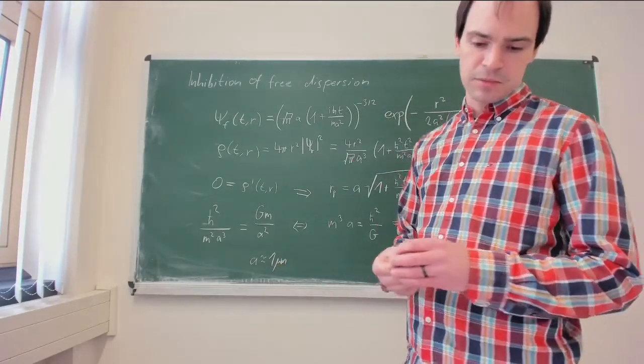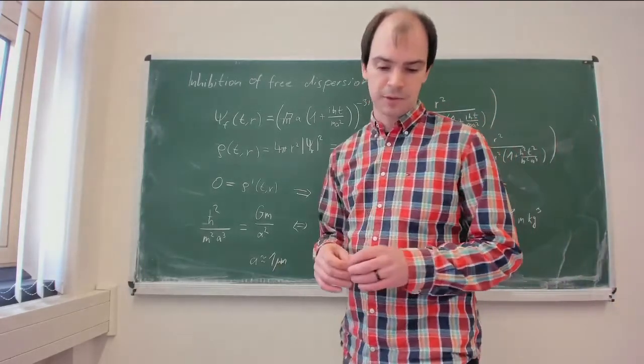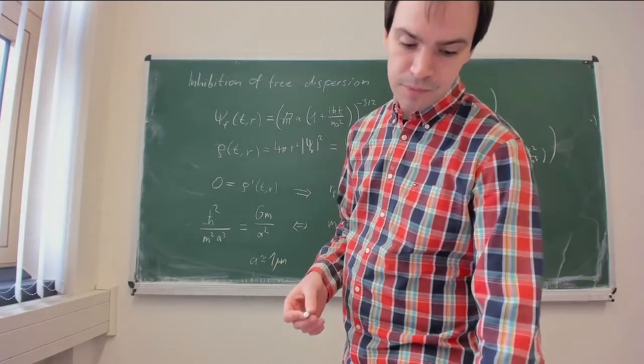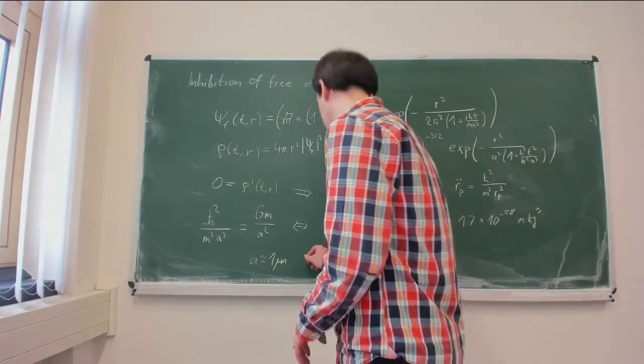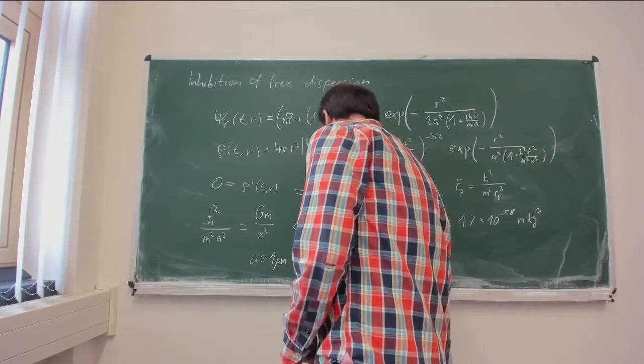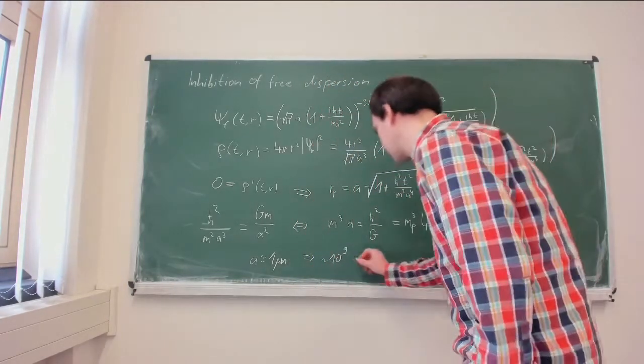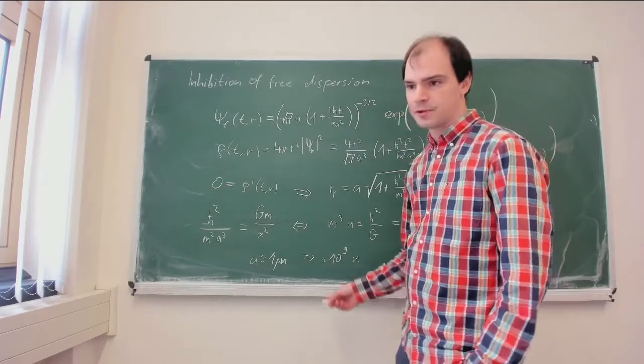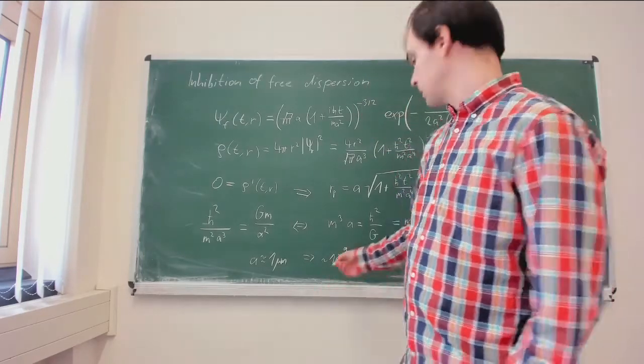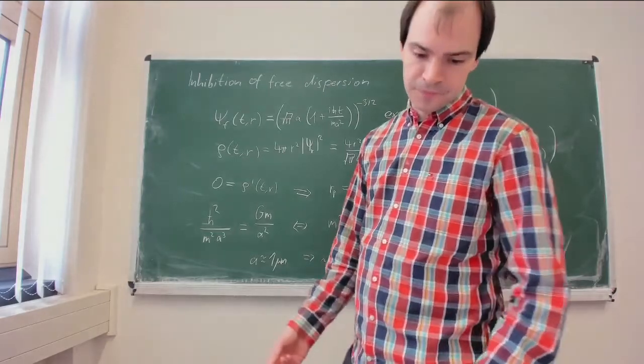So if we have a micrometer, which is a realistic scale for current experiments, then one ends up with something that is of the order of 10 to the 9 atomic mass units, so the weight of 10 to the 9 hydrogen atoms.